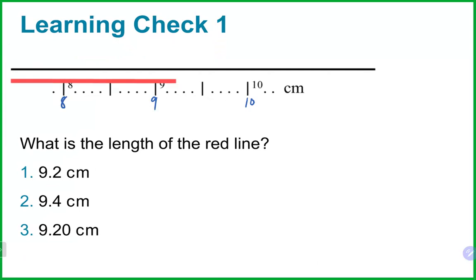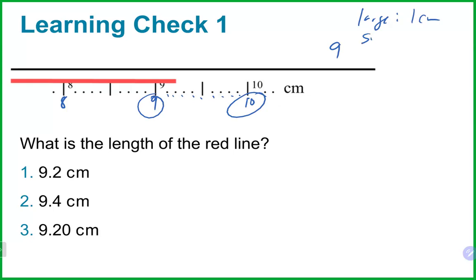So it is definitely at least 9, right? The large markings here, between 9 and 10, is 1 centimeter, right? Again, we have 1, 2, 3, 4, 5, 6, 7, 8, 9, 10 markings, right?